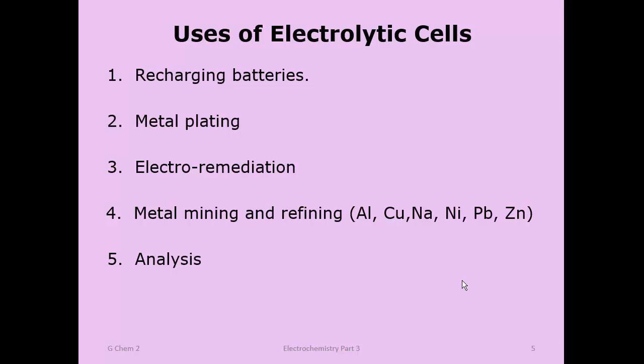Electroremediation: there's ways that we can use outside power sources to force charged ions out of, say, water or dirt, if those particular ions are considered to be biohazards of some sort. Metal mining and refining: some of our pure metals that we have, and here's a list that are commonly done by electrolytic means, are refined in the mine by actually electrolysis.